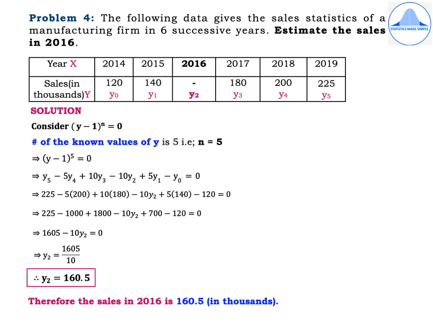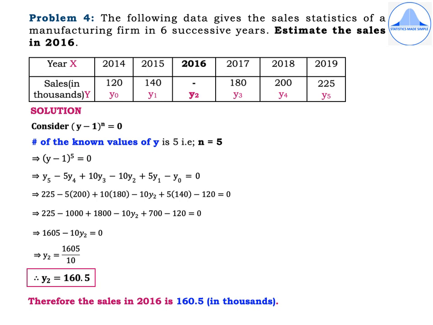Then put alternating plus and minus, and then for n equal to 5, from the Pascal's triangle, write the coefficients, which will be 1, 5, 10, 10, 5, 1.